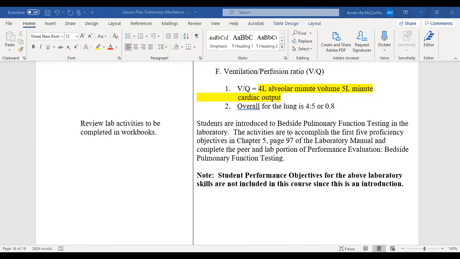Lung units. I just swore I had something on here for volume. Stop. That's not what I want. Here we go. Classifications and alveolar units PowerPoint.